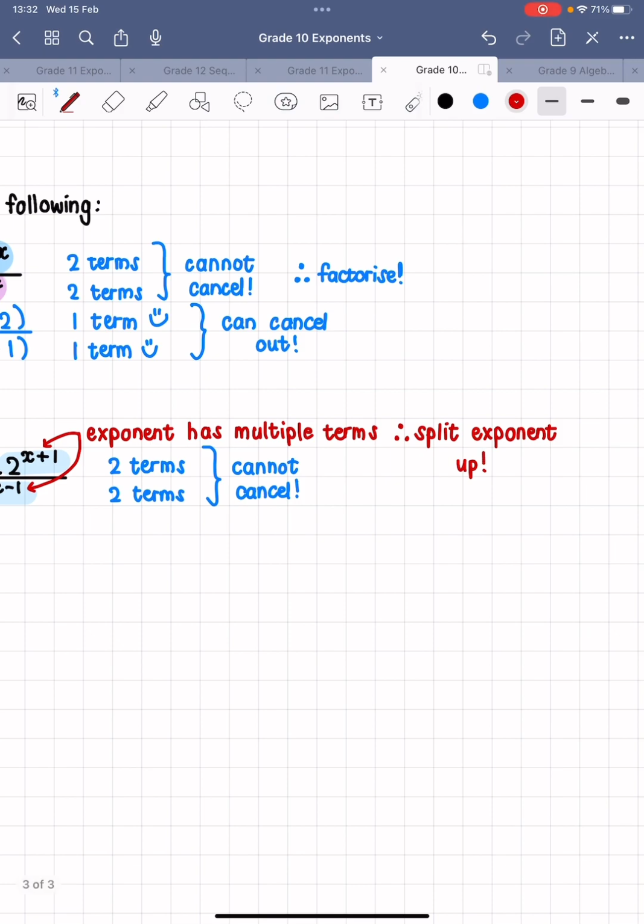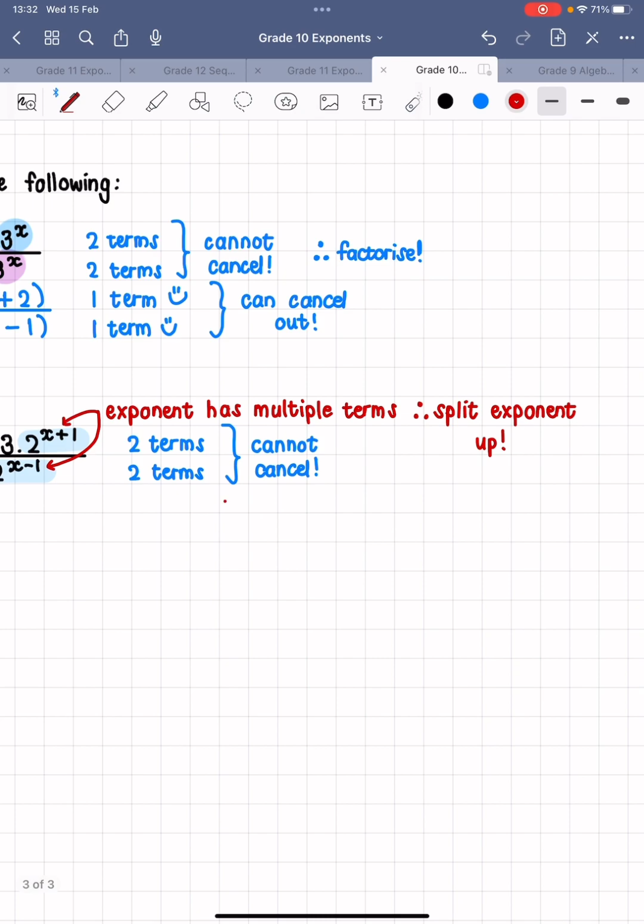Now guys, we know this exponent law, right? We know that if we have a to the power of m times a to the power of n, that will give us a to the power of m plus n. So for example, if we have 2 to the power of x times 2 to the power of 1, that will give us, because we have the same bases, 2 to the power of x plus 1.